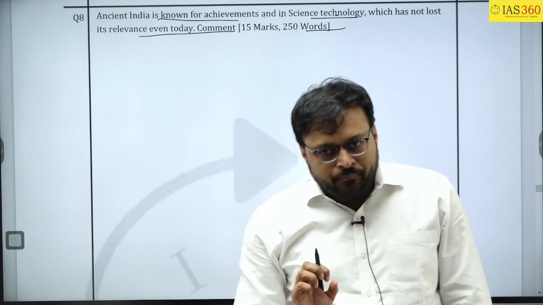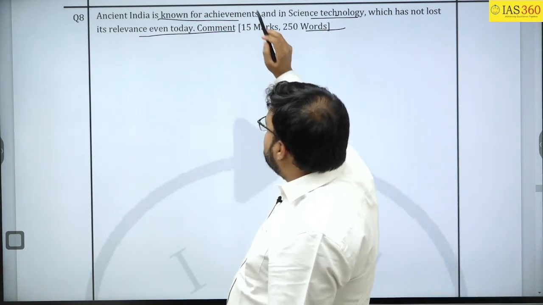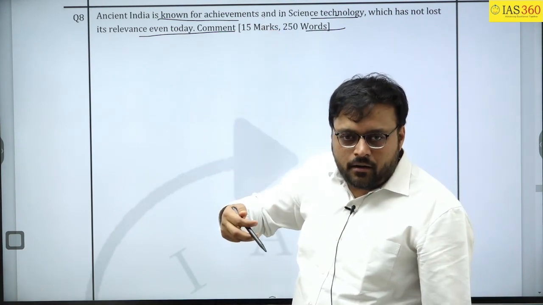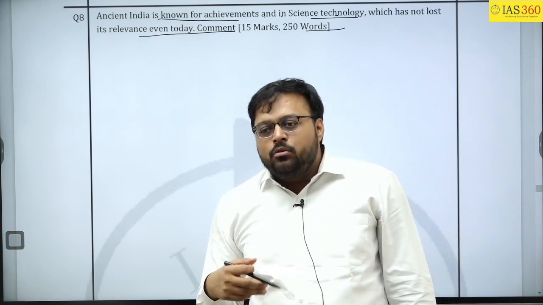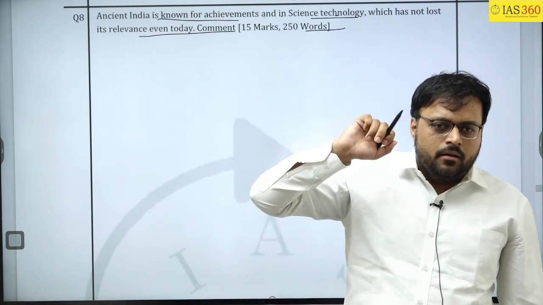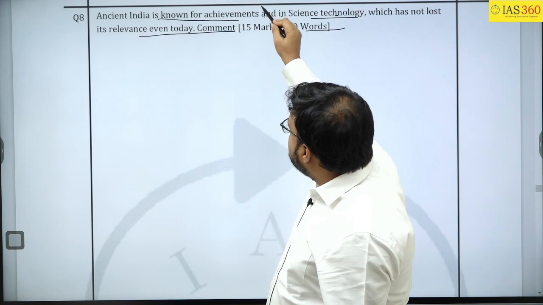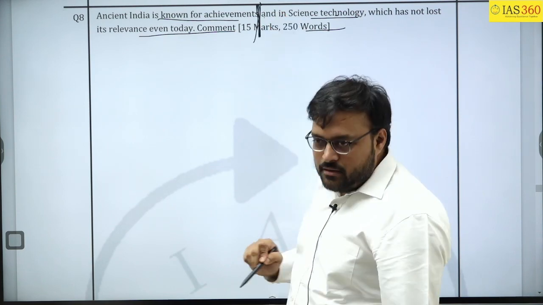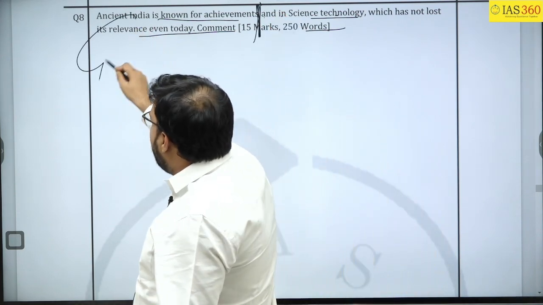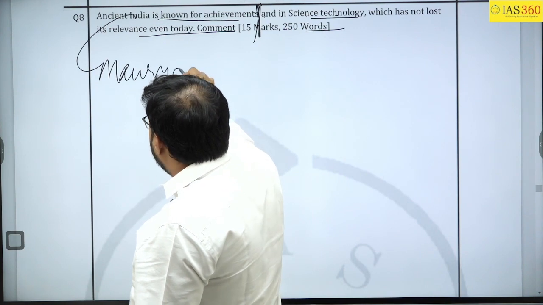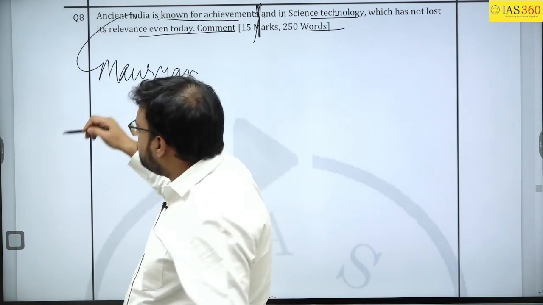So that's fine. Ancient India is known for achievement, but again, presentation matters. Even after knowing about the achievements, you are writing random points. So how can you address this first point? Ancient India is known for achievement. You can talk about the achievement during the Mauryan period, one and two points.